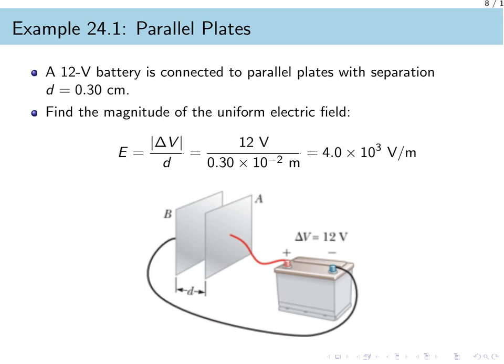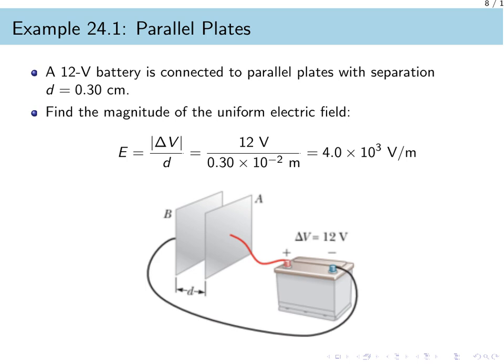To put these concepts into practice, let us look at a parallel plate capacitor. In this example, a 12-volt battery is connected to two parallel plates, separated by a distance d of 0.30 centimeters. To find the magnitude of the uniform electric field established between these plates, we rearrange our formula to E equals the absolute value of the potential difference divided by the distance.